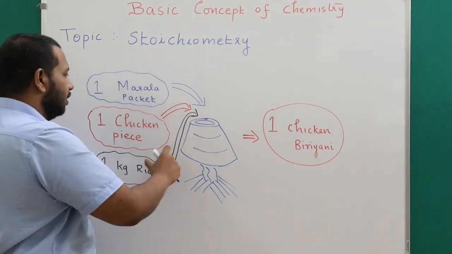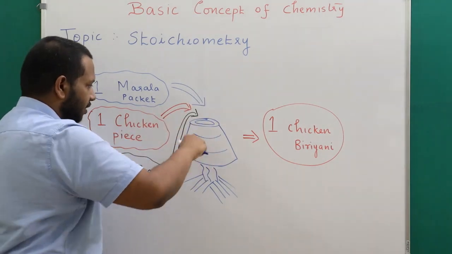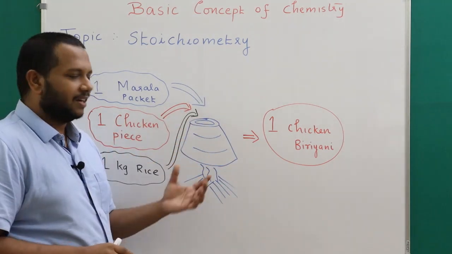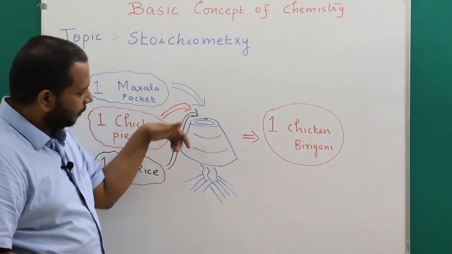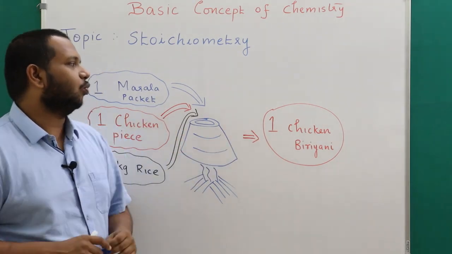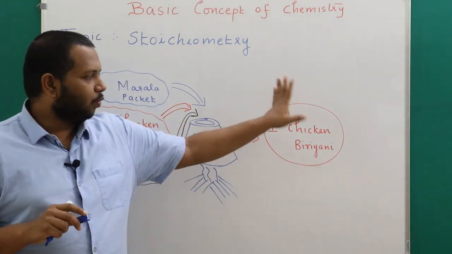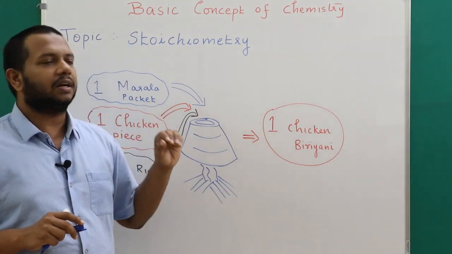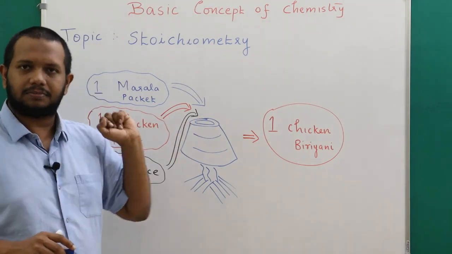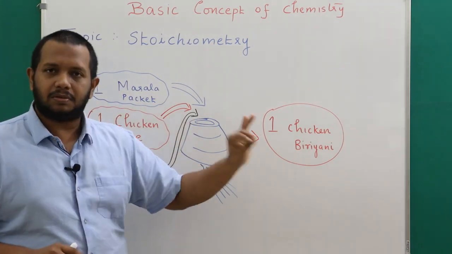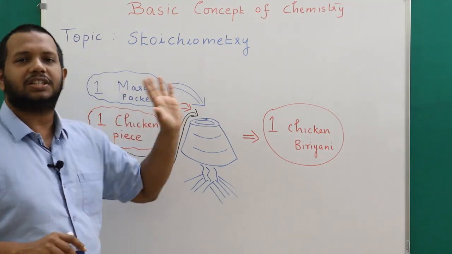So when you put these three things into the vessel and prepare it, it will convert to 1 chicken biryani. Now tell me, to prepare 1 chicken biryani, what all things did you need? 1 masala packet, 1 chicken piece, correct, and 1 kg rice.